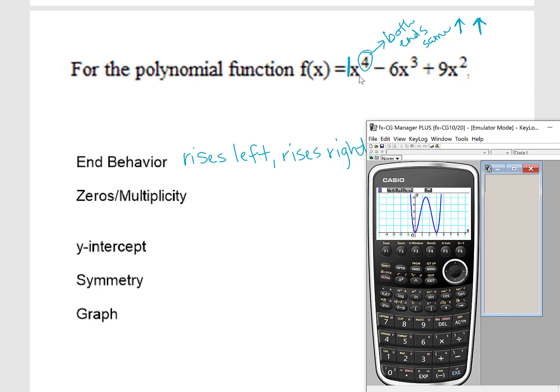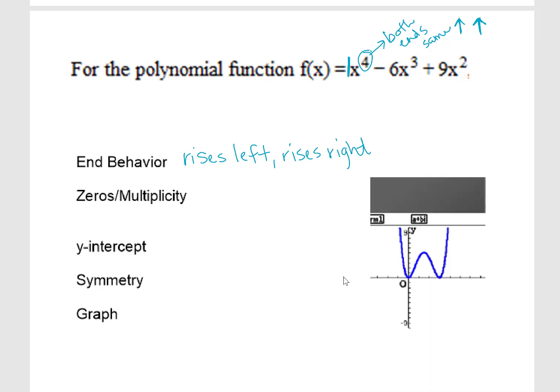I know that I'm looking for 4 solutions. If it touches and turns, then it can count as 2. So this works out, but I'm going to go ahead and do GSolve root. It gives me in the bottom left corner x equals 0 and x equals 3.